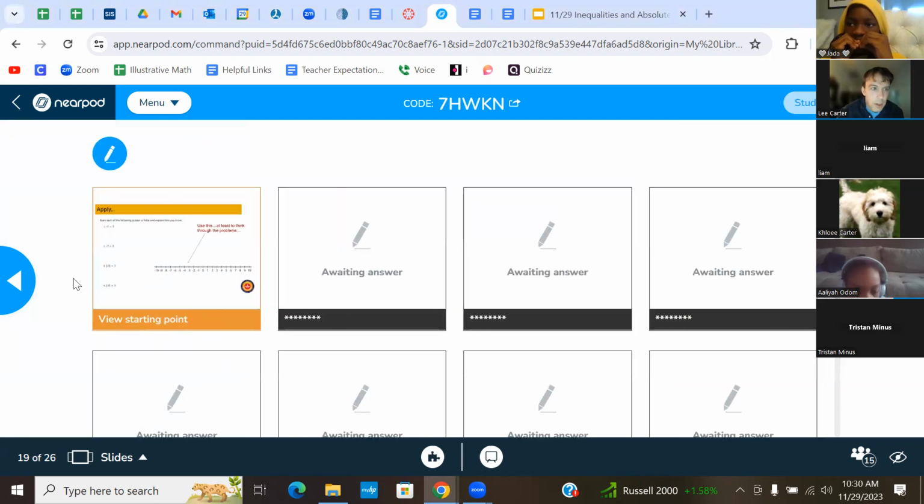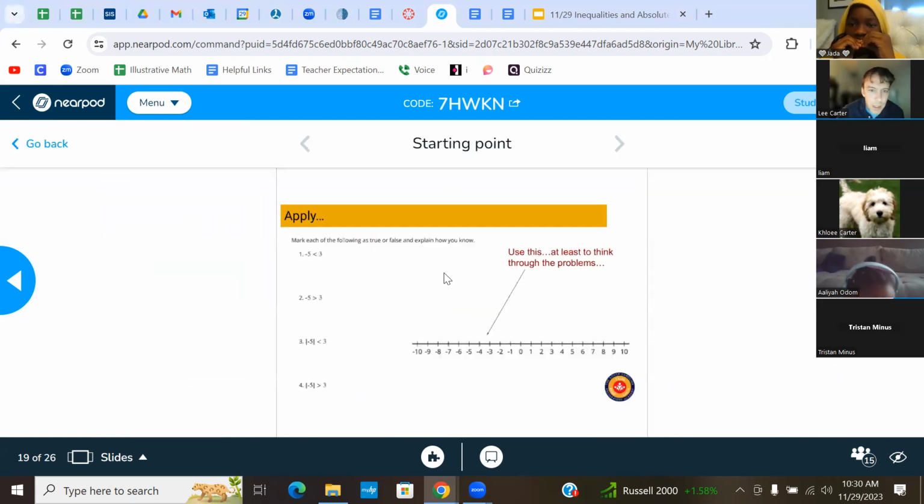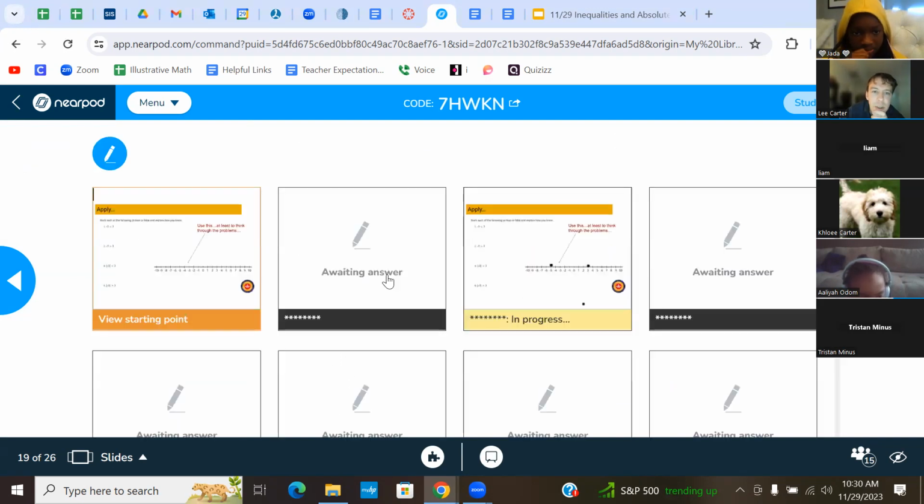All right, here's our next one. Basically, you're going to mark each one of these as true or false and explain how you know that. The first one says -5 is less than 3. The second says -5 is greater than 3. Then it has it with the absolute values. For each one, you write down true or false.